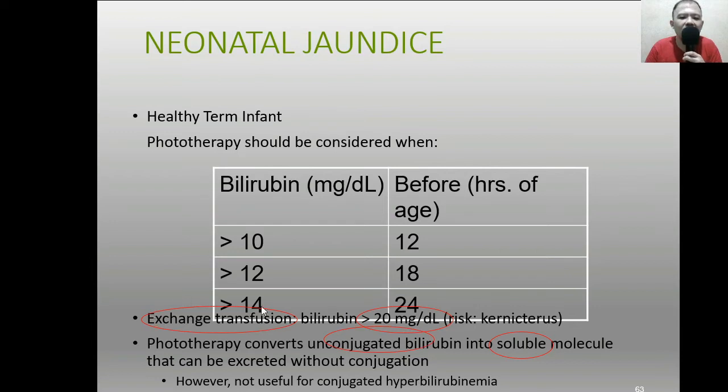The treatment for kernicterus is what we call a direct vein exchange transfusion, wherein fresh blood of a compatible type is transfused to the baby, and there is an outflow of the blood containing the unconjugated bilirubin.